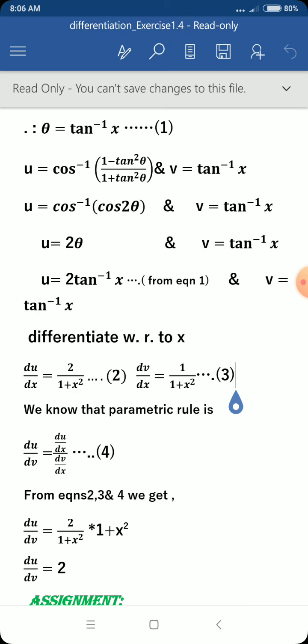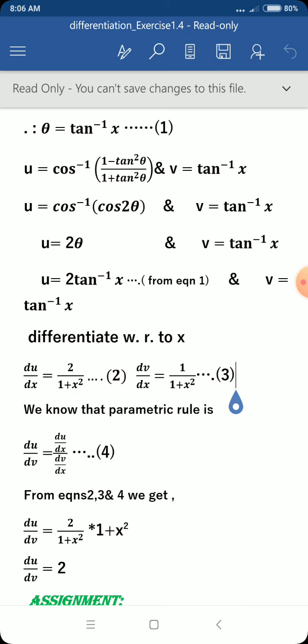Now consider the equation v equal to tan inverse of x. Differentiate this equation again with respect to x. Therefore, the derivative of v is dv upon dx equal to the derivative of tan inverse x, which is 1 upon 1 plus x square.